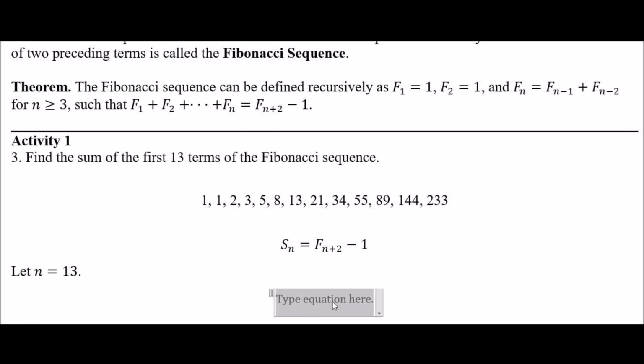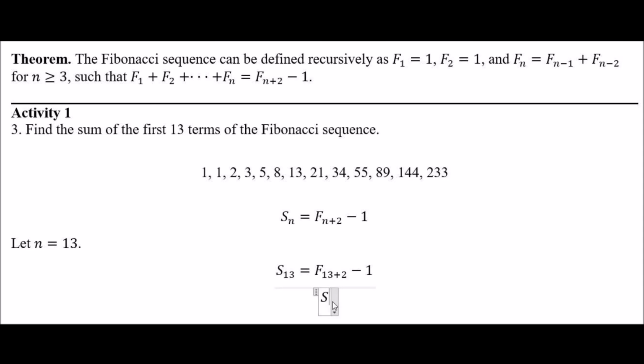So S sub 13 is equal to f sub 13 plus 2 minus 1. Simplifying this, we have S sub 13 is equal to f sub 15 minus 1, because 13 plus 2 is 15. But here, what we just have is f sub 13. So we need to add 2 more terms here.